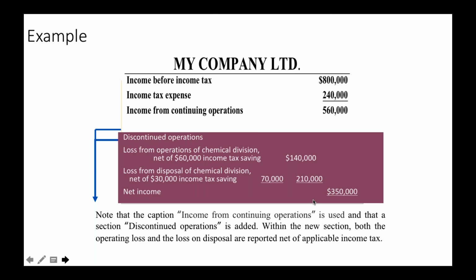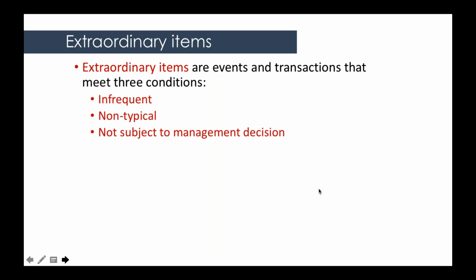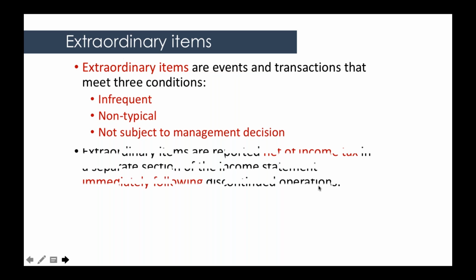You have discontinued operations. Likewise, you may have extraordinary items which are of infrequent nature, meaning they do not happen every time, non-typical, and purely not subject to management decision because it is not in our control.